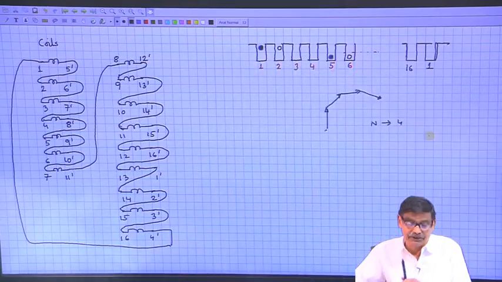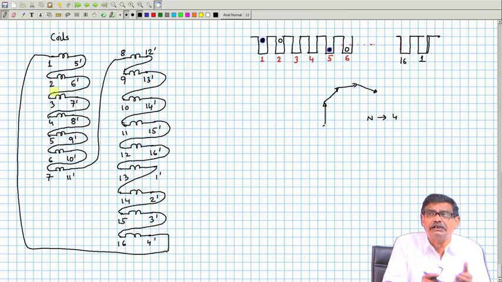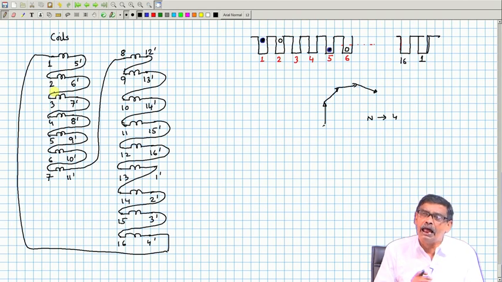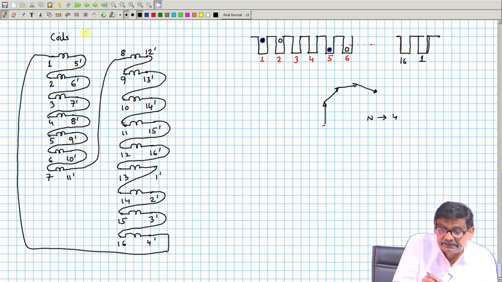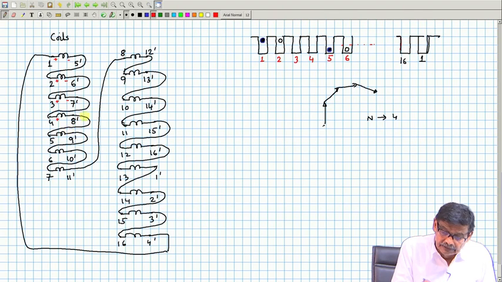Suppose coil sides 1, 2, 3, 4 are under the influence of the north pole, and the direction of rotation is such that they become plus. These 4 coil sides become plus. Obviously, the other sides will be under the south pole and they will become minus. It is not the instantaneous voltage I am telling.